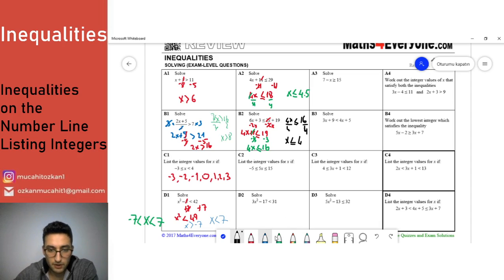C2, 5x is between two values and we need to list the integers, but I'm looking for x, so why don't I just divide each side of this inequality by 5?